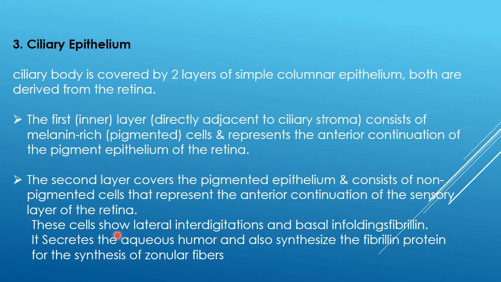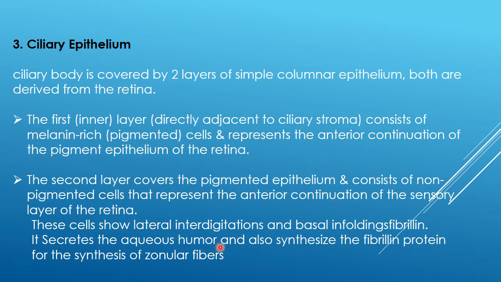The non-pigmented cells are simple columnar epithelium, and they show lateral interdigitations and basal infoldings. They secrete fibrillin, helping in the formation of the zonular fibers, as I have told you, and secrete the aqueous humor into the posterior chamber.